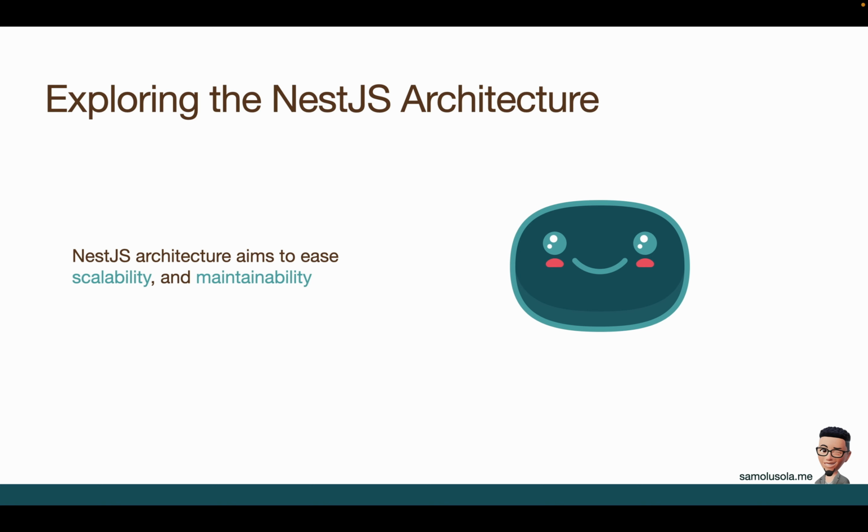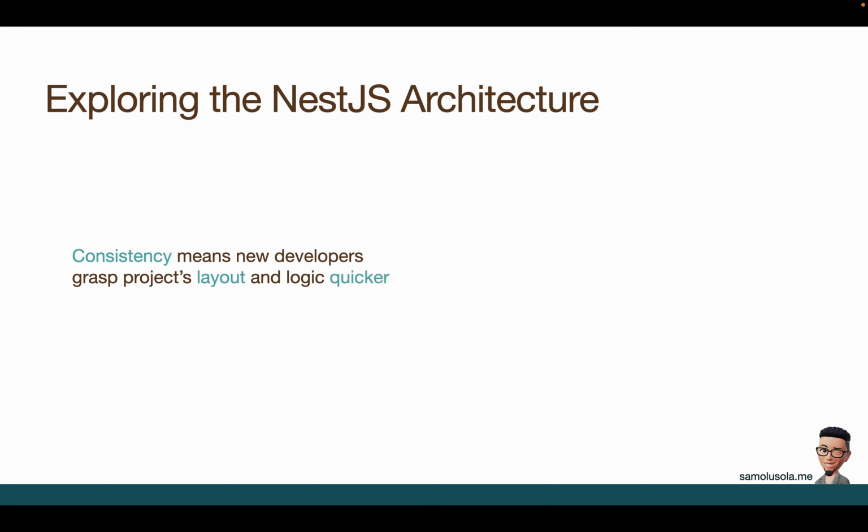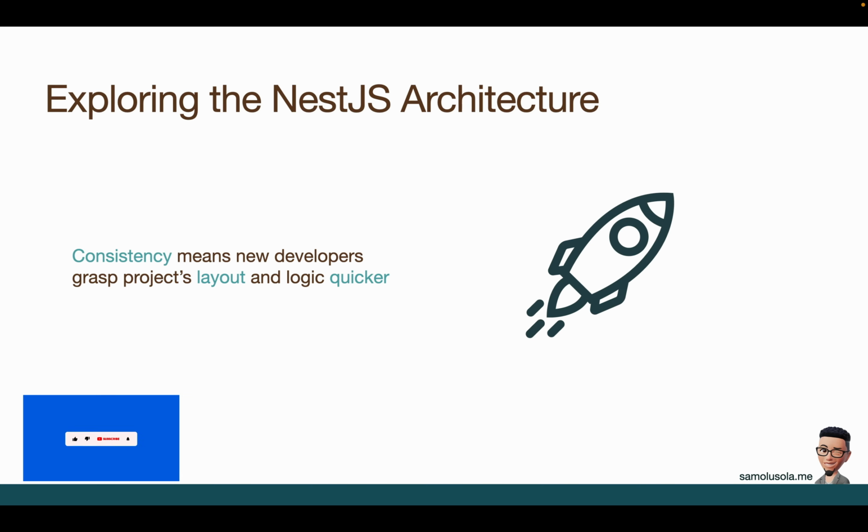And because the NestJS architecture is consistent across different applications, new developers can quickly grab the project layout and the logic, because when they join a Nest project, they have one less thing to worry about. Now, we are going to talk about one of the core concepts in Nest.js that I believe every Nest developer should understand.